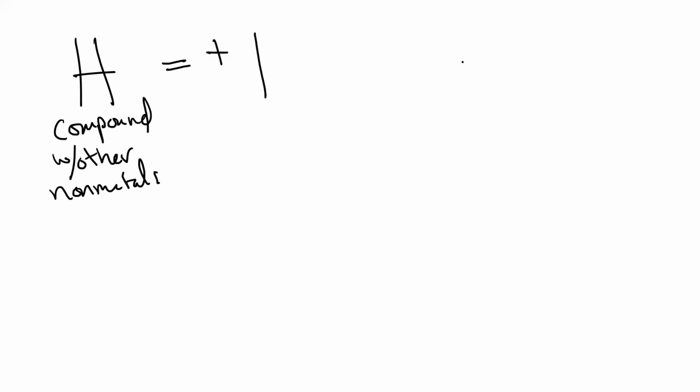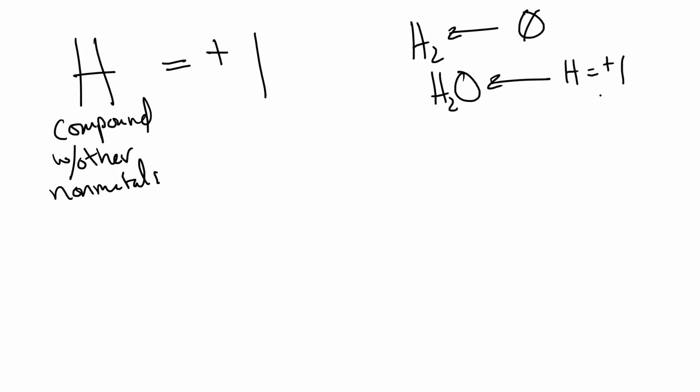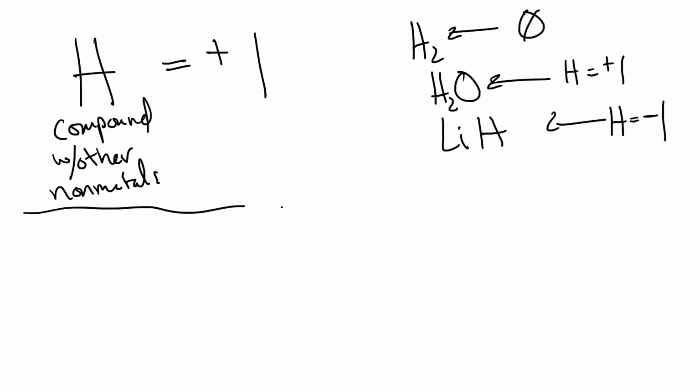H2O is where you see +1. So H2 is 0. H2O, hydrogen is equal to +1. LiH, that's a metal. Lithium is a metal. So here, hydrogen is actually equal to -1. Most of the time, we won't look at what's called a hydride anyway, but I do like to let you see these things. Hopefully it doesn't confuse you.